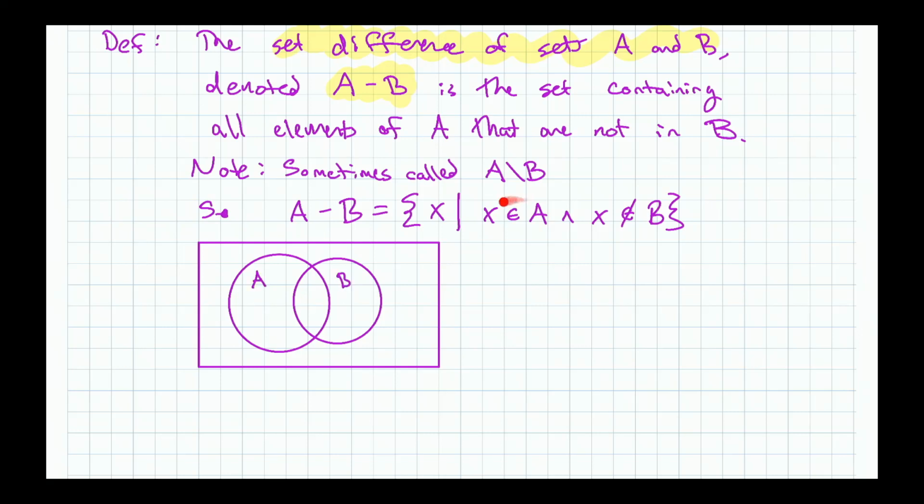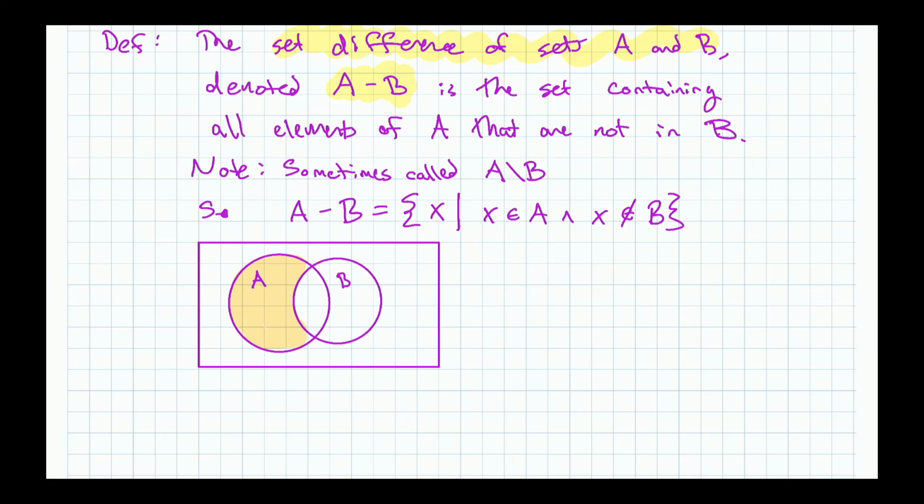It's supposed to be everything in A, but only stuff that's not in B. So you have to be in A and not be in B. So where that is, here. This part, right? You're in A, but not B. And that is the set difference.